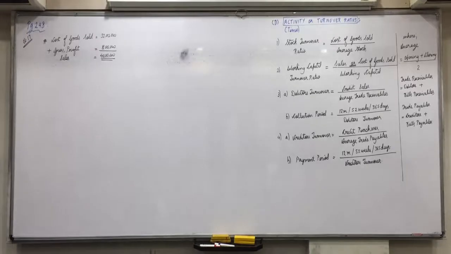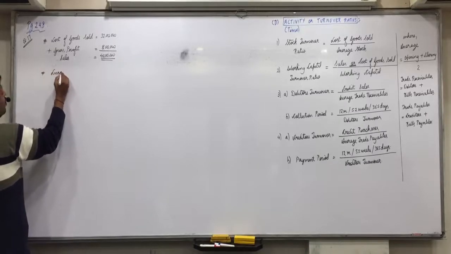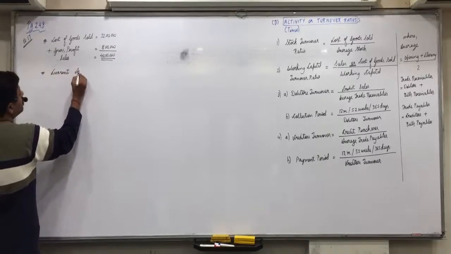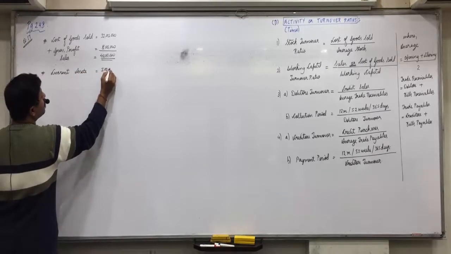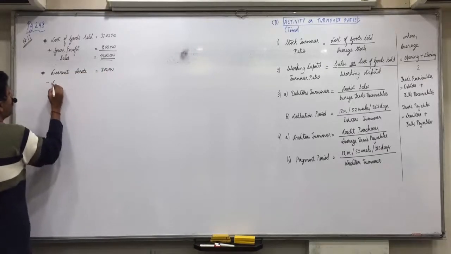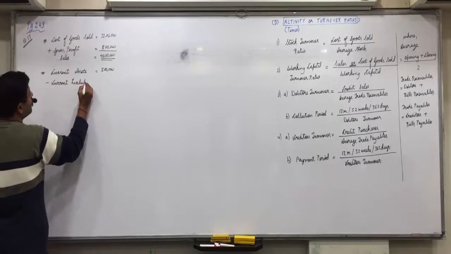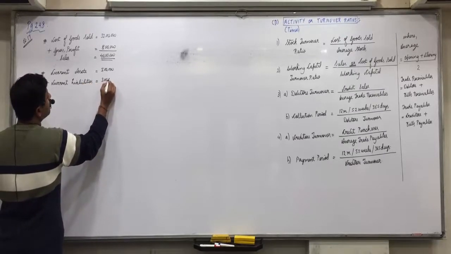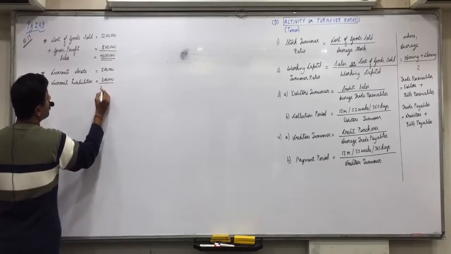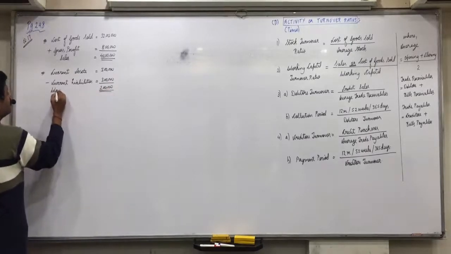And working capital also we can find: current assets 5 lakhs minus current liabilities 3 lakhs, 2 lakhs. So working capital is 2 lakhs.